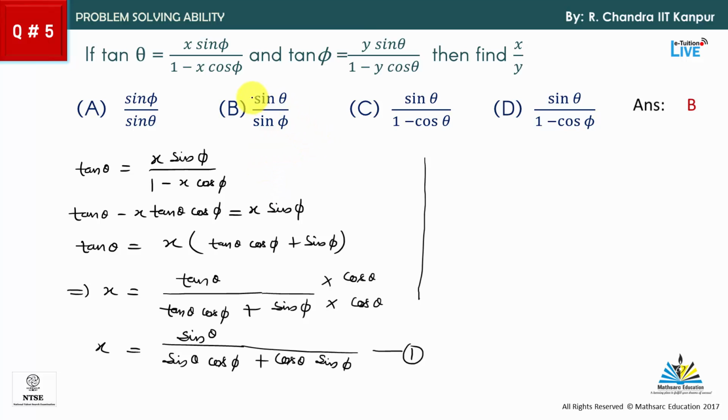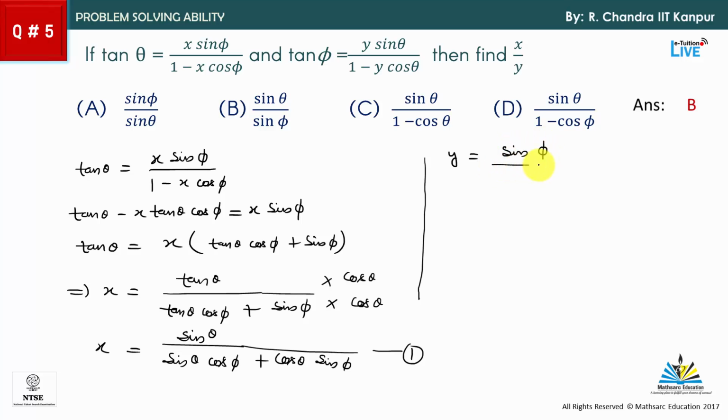Now let's solve the second equation the same way. You can observe these two are very similar relations. We have theta in place of phi and y in place of x. Similarly, you can have another relation.